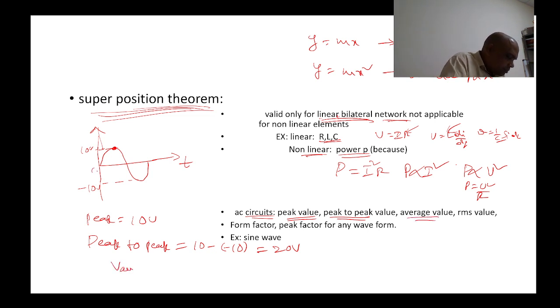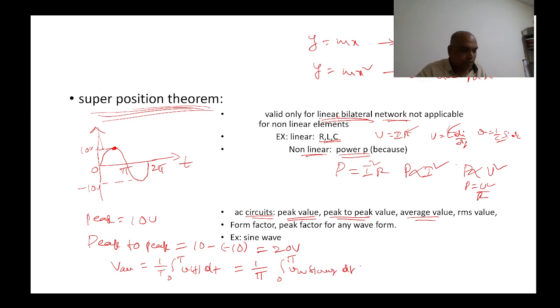Next, average value. Let us take 0, pi, 2 pi. What is the V average? Take it for a half cycle, because for a full cycle the average value is 0. The formula is 1 by T integral 0 to T of v(t) dt. So we write 1 by pi integral 0 to pi of Vm sin omega t d omega t.